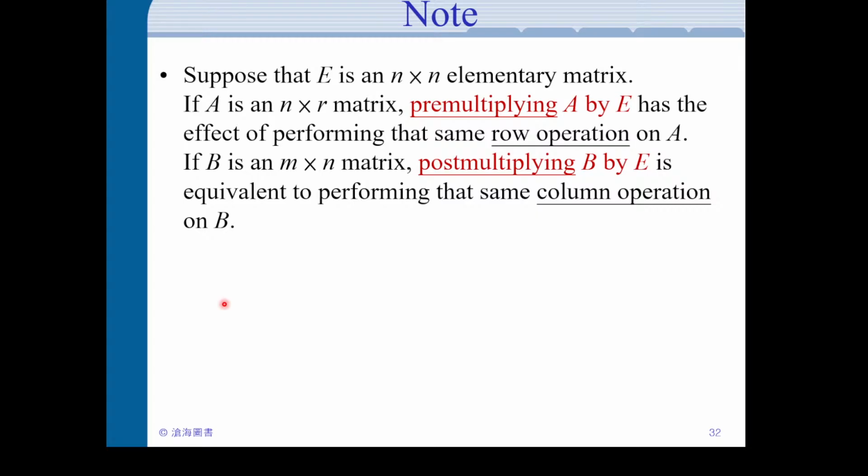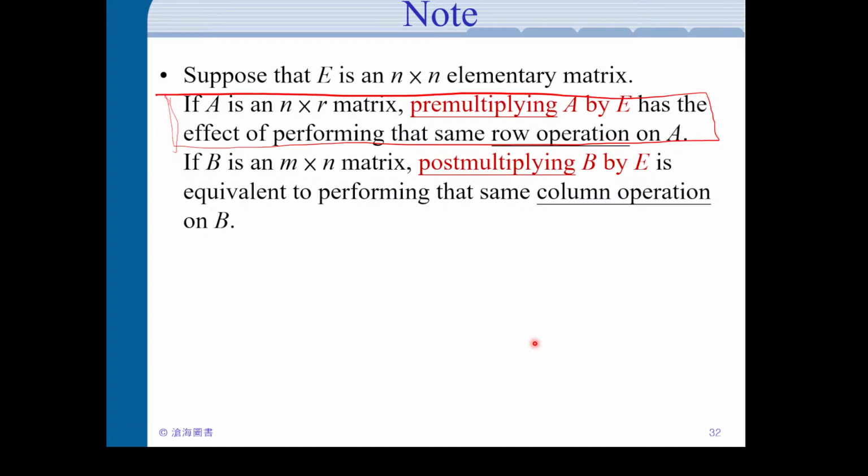Okay, and here is some note. If you just multiply those elementary matrices on the left of your matrix, then you can do the corresponding row operation, and that's how you can turn A into reduced row echelon form.